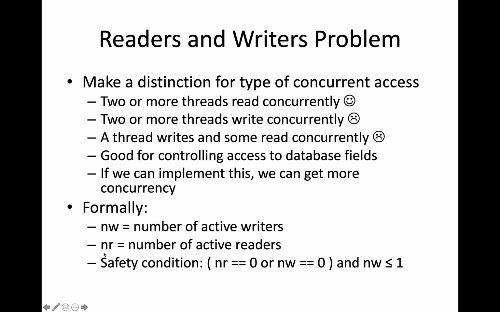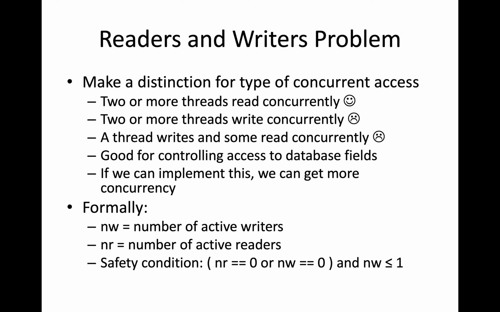And if we had to say what I just tried to say at the top of this slide, we could say it fairly quickly with these variables. There can't be a combination of readers and writers. So either there better be no readers or there better be no writers. We can't have a mix of readers and writers. And that's what this first part of the condition down here says. Either there's no readers or there's no writers. You can't have some of both.